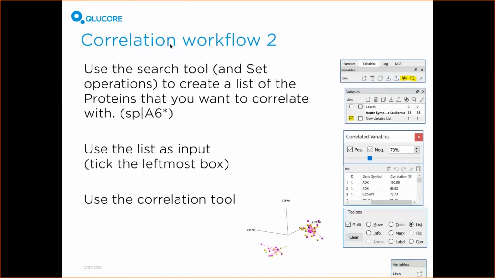Now we are going to do it in a little different way. So this time we are going to use the search tool to create a list of the, in this case, proteins that I want to correlate with, and then use that list as input. So let's see how that works.